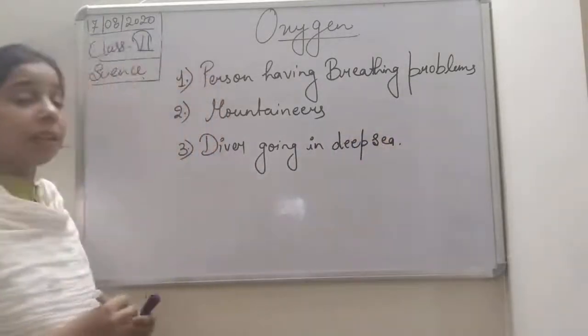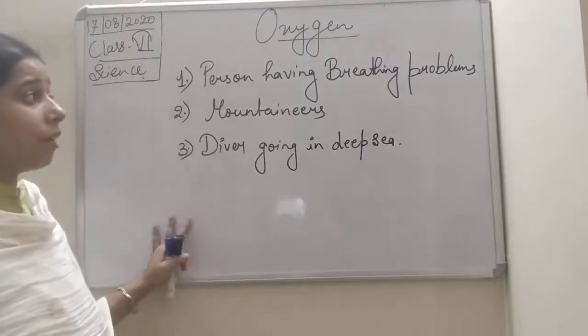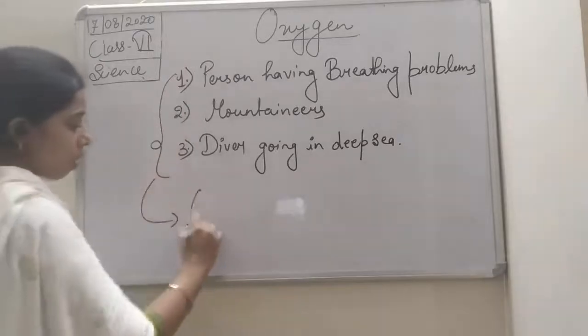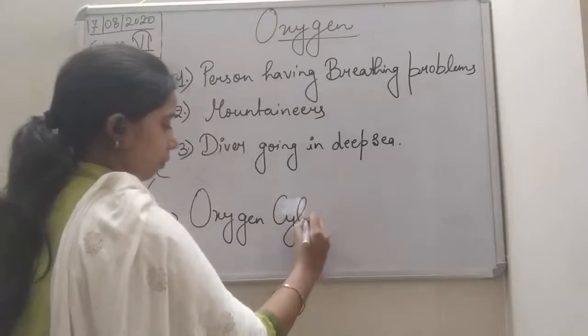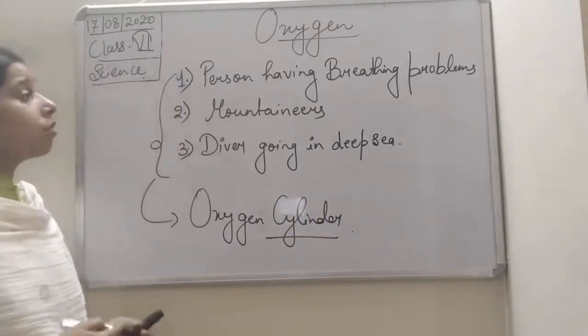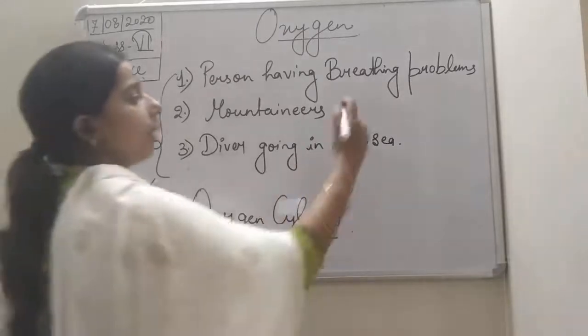So these are the three special cases in which people have to use the oxygen cylinder. In the first case, a person having a breathing problem.